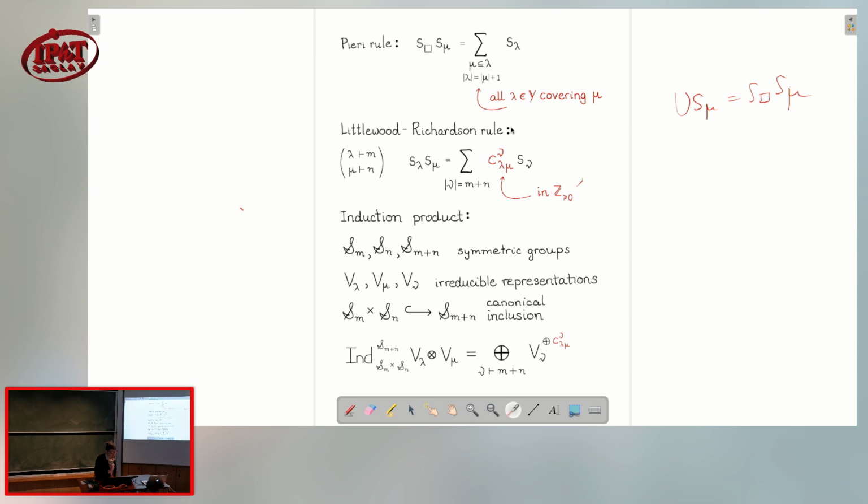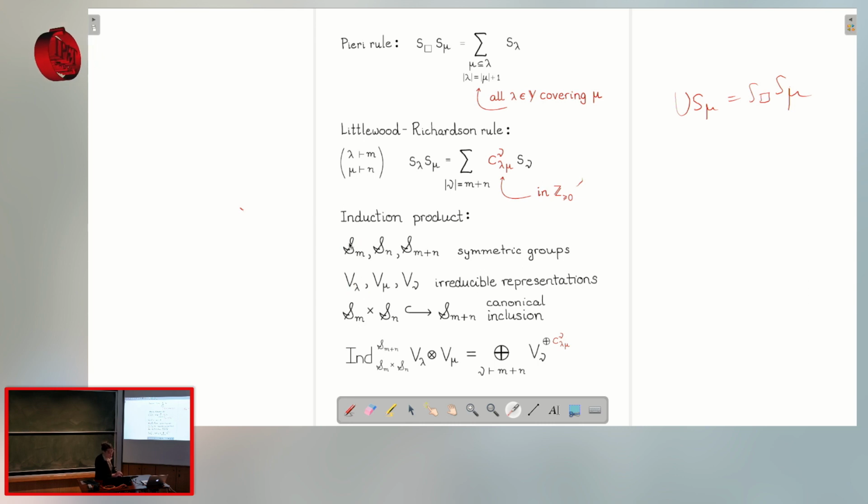But what is important here is that they have a representation-theoretic meaning. For given m, n, and the sum m plus n, we can form the corresponding symmetric groups. It's a fact of the representation theory of the symmetric group that the representations of, say, Sm are indexed by partitions of m.